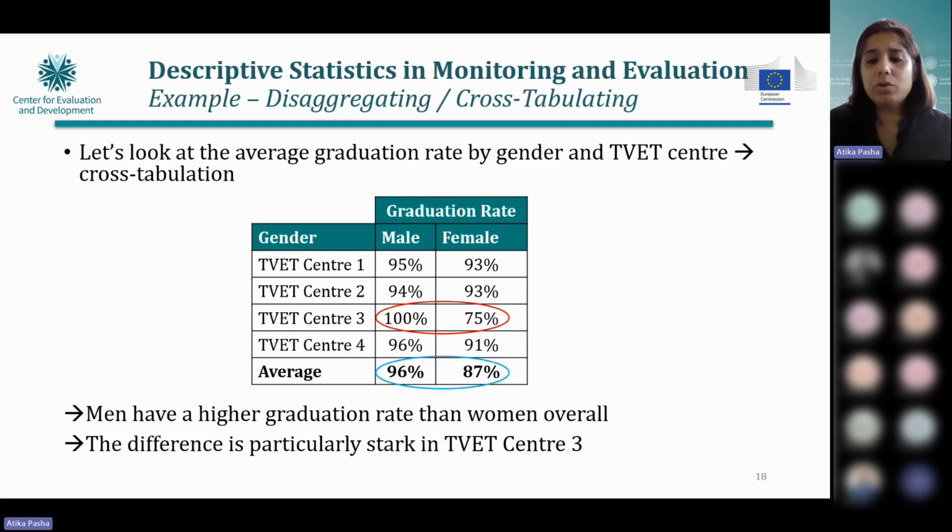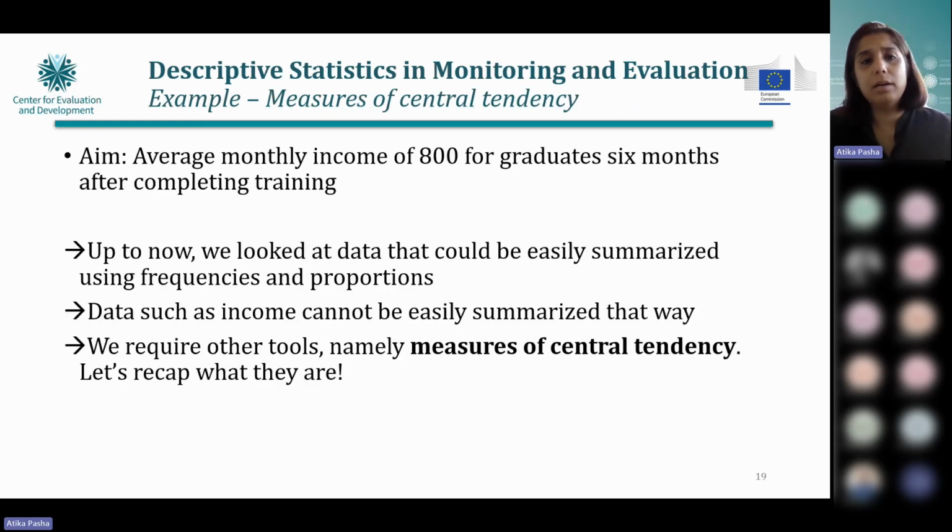However, now we go to the last specific goal that we had looked at, which was whether or not the average monthly income of the graduates has increased by 800 units after completing the training.